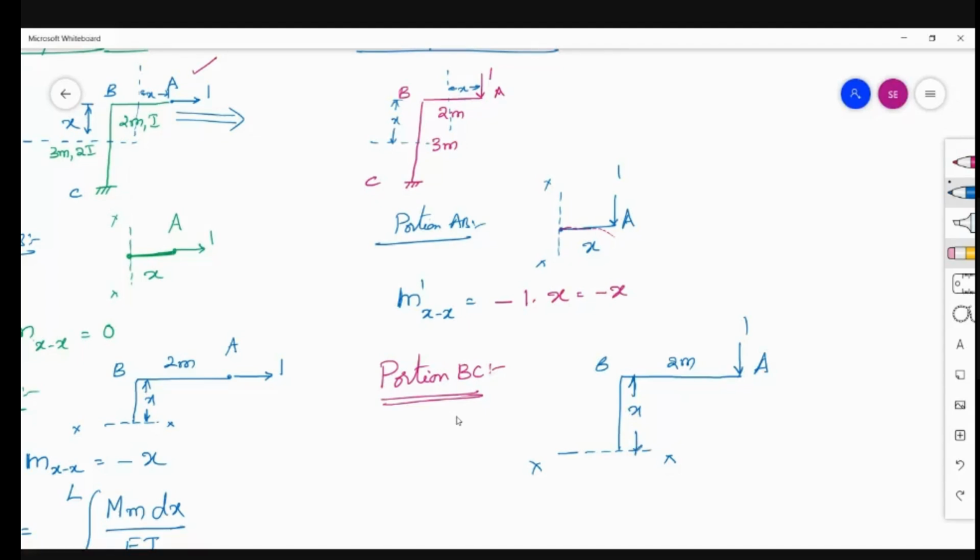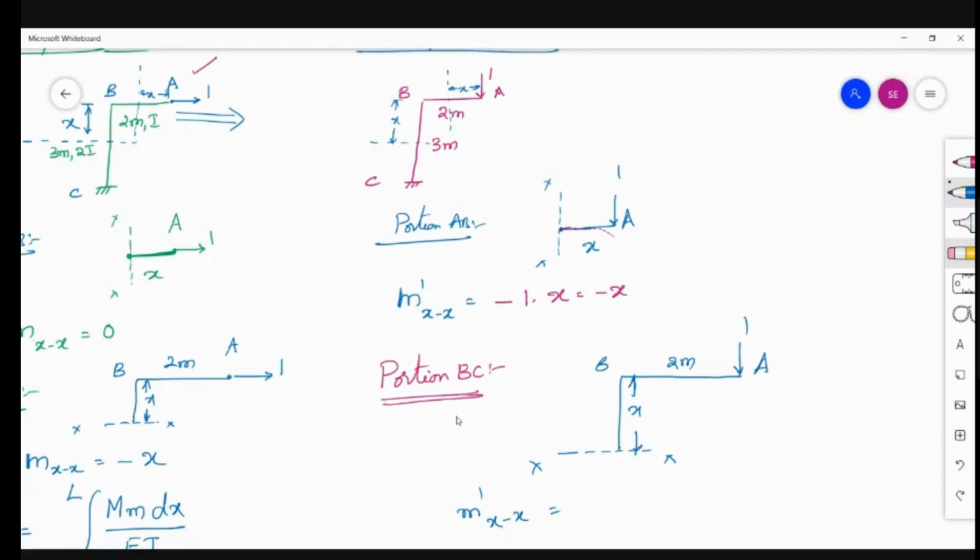The origin is B, so the x is to be considered from the origin. So M dash xx for portion BC.